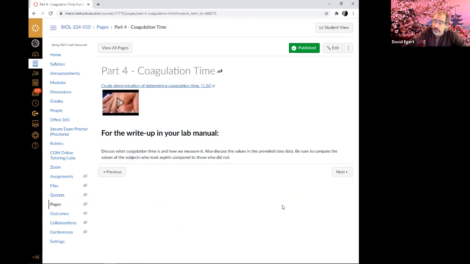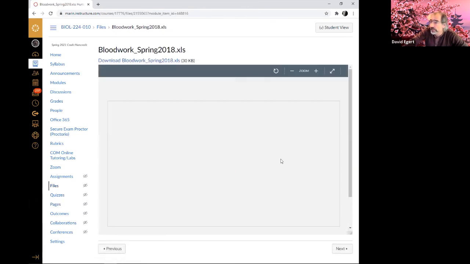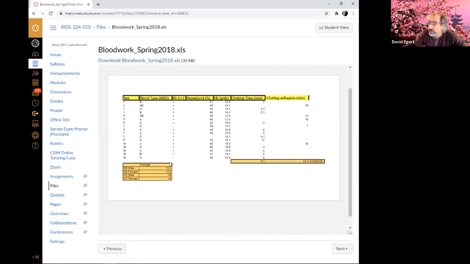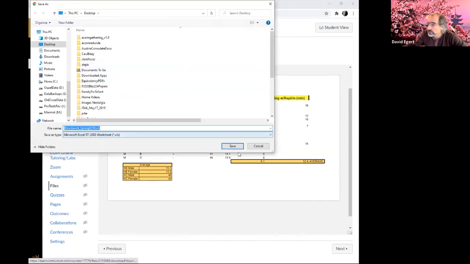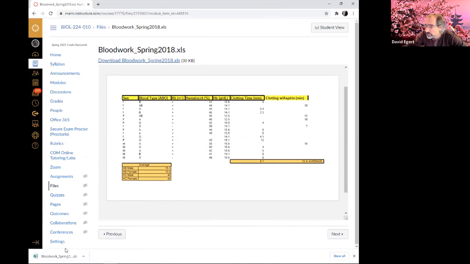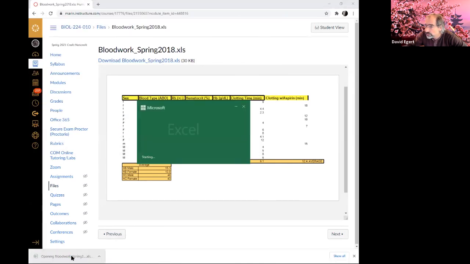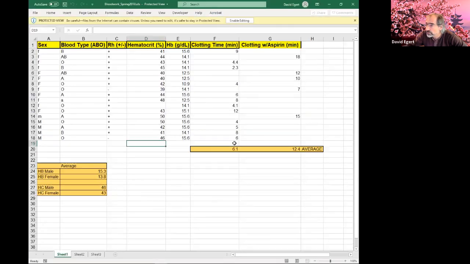Coagulation time, we've already talked about this. And then here is the spreadsheet. Let me open it up more properly. It has here the blood types, male, female, I've sorted already.